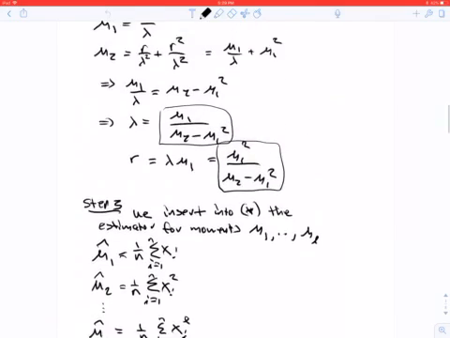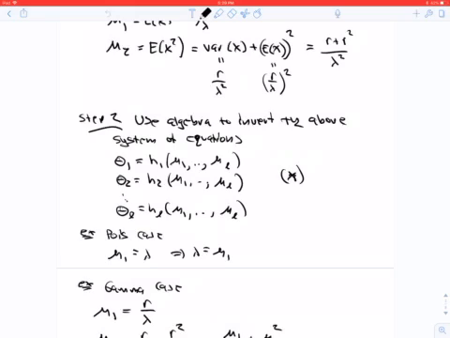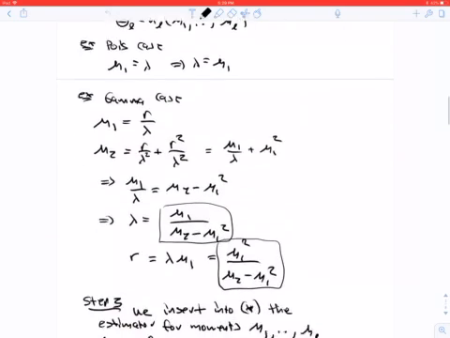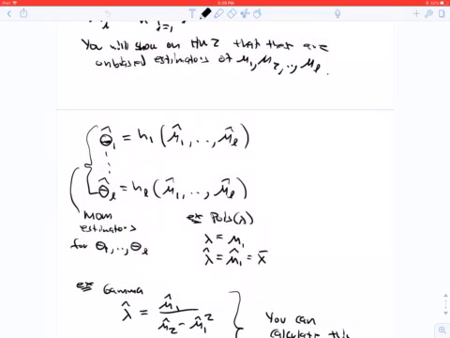So in step 3, we insert into our system of equations here. We don't know what these moments are, but we can insert an unbiased estimator, the sample moment, which we'll call mu hat. So we insert that, and that looks just like this.